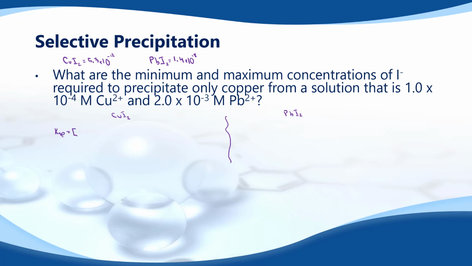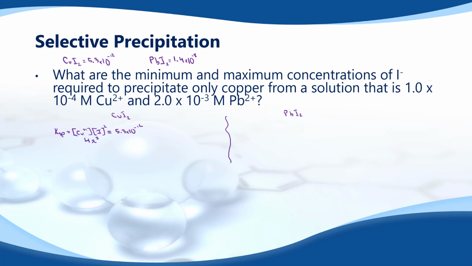KSP is going to be the concentration of copper times the concentration of iodide squared. So this is going to be our 4x cubed pattern, right? And that's equal to 5.3 times 10 to the minus 12.